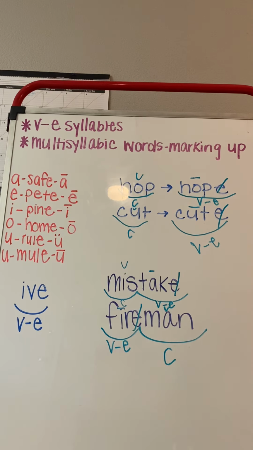Okay, so looking here, you can have more than 1 type of syllable in a word, and it can also come in any order. So in mistake, we had a closed syllable first and then a vowel consonant E syllable. In fireman, it was opposite. We had a vowel consonant E syllable first and then a closed syllable. Okay, so the biggest thing to remember is how to split up those syllables and then deciding what those syllables are.